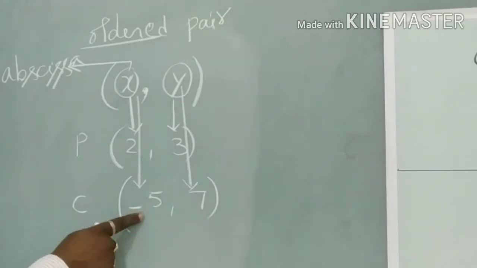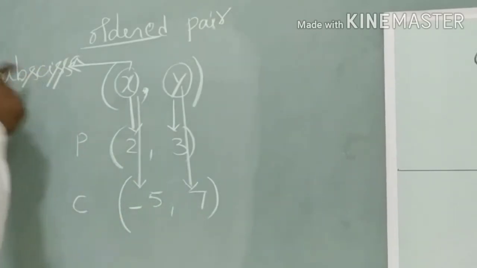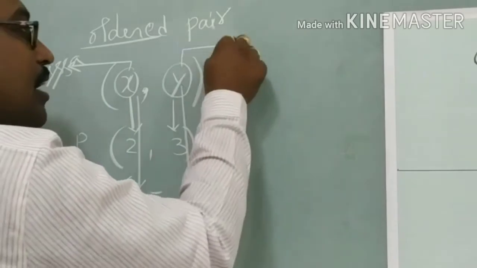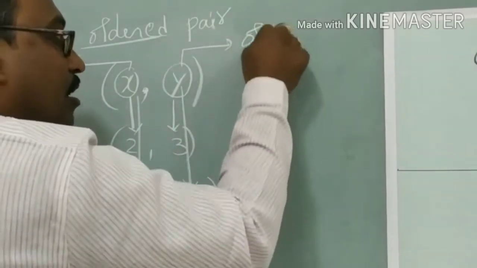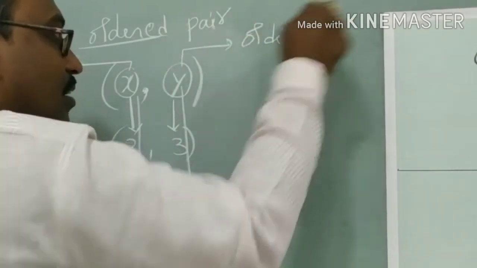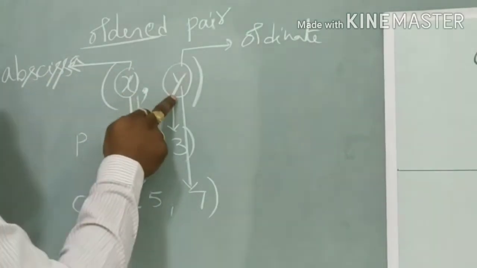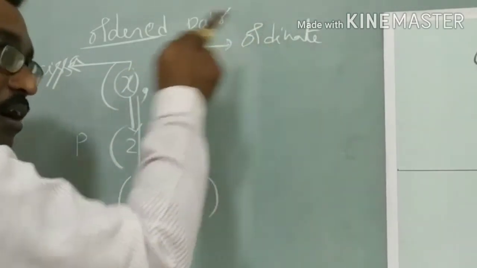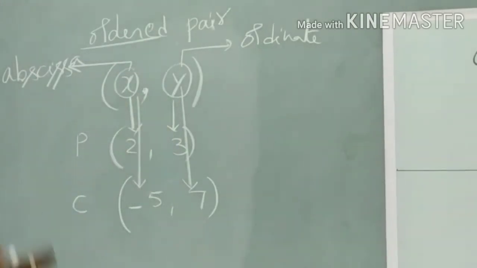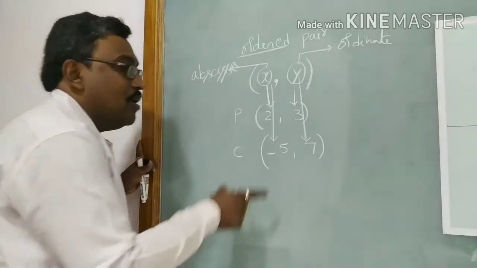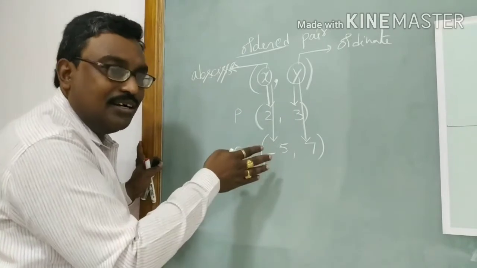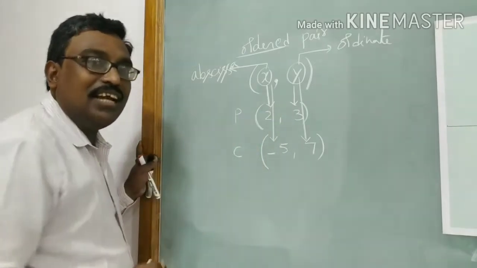So the x coordinate is called the abscissa, and the y coordinate is called the ordinate. So this is an ordered pair. We will locate these ordered pairs on a Cartesian plane.